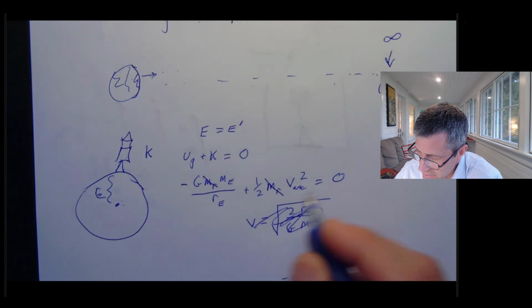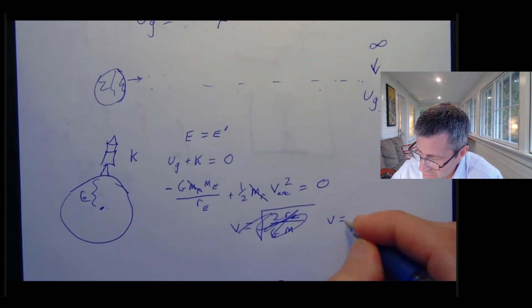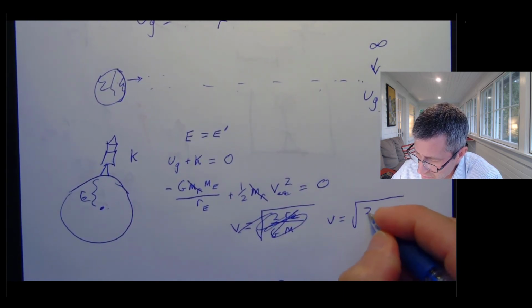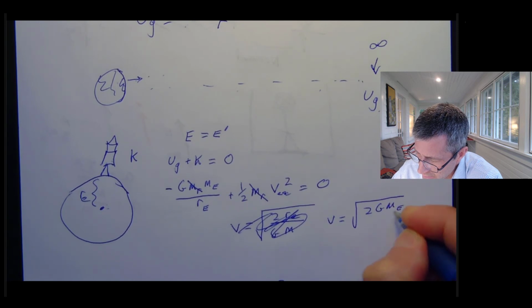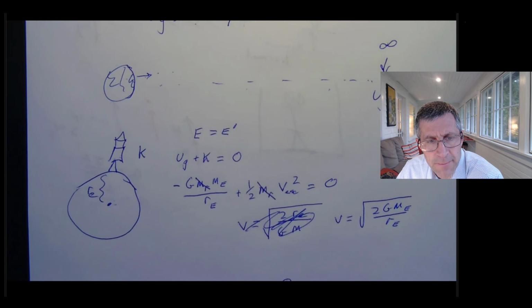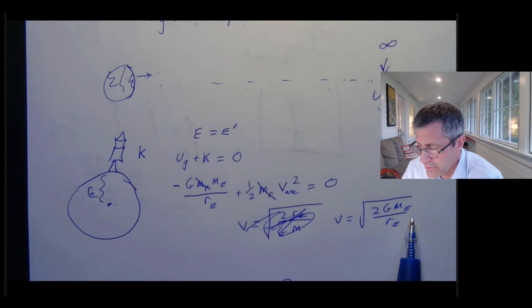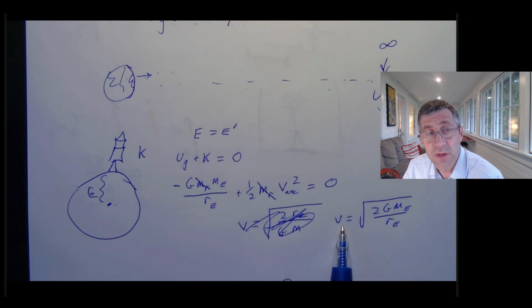Yeah, I got that backwards. So the velocity is going to be root 2G mass of the Earth over radius of the Earth, not squared. So you'll get an equation for escape velocity. You'll have to get going this fast if you want to escape from the gravitational pull of the Earth.